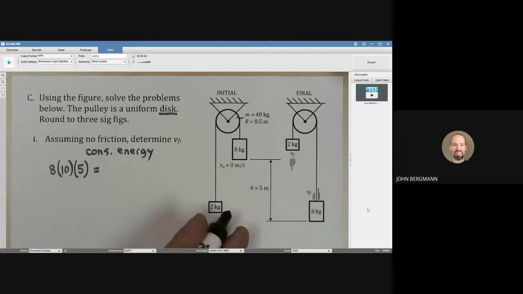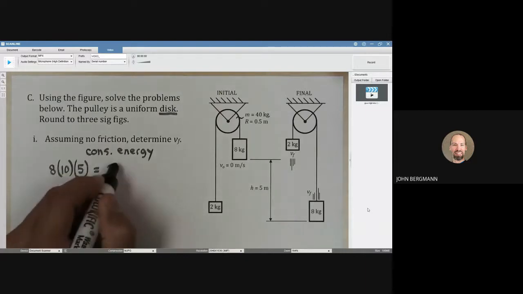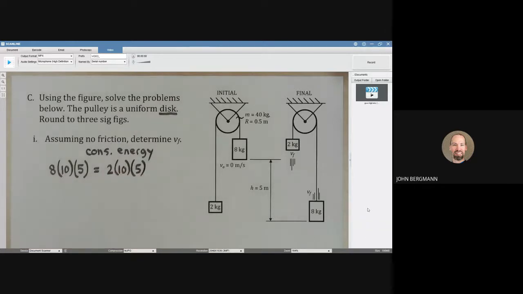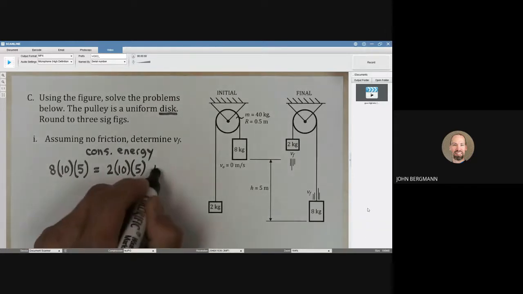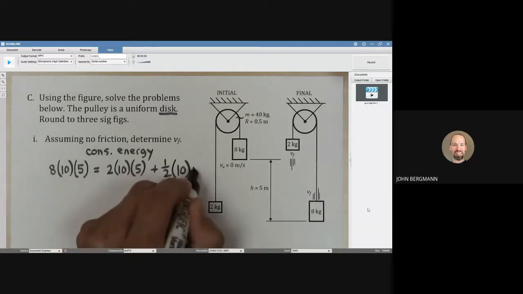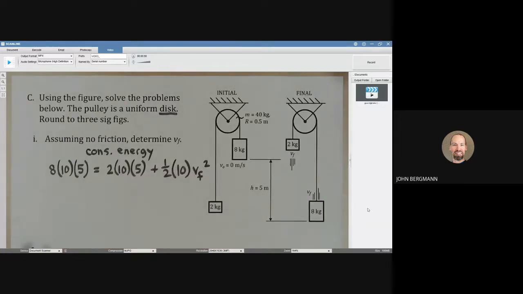Right before the 8 kilogram mass hits the ground, the 2 kilogram mass, mgh, will have raised up 5 meters. But also at the end, that entire amount of mass, which is 10 kilograms, will have some final speed.